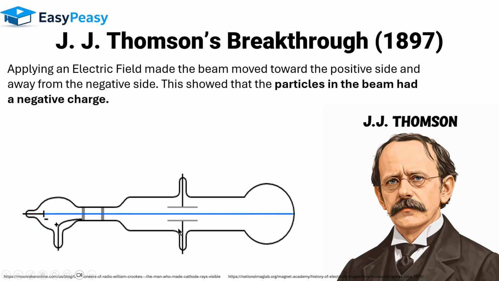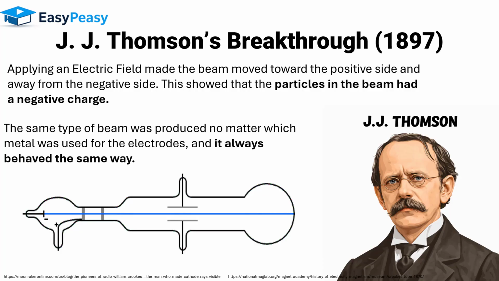Even if they changed the charges on the plates, it still moved towards the positive side and away from the negative side, showing us that this beam of rays is negatively charged. Then he changed the metals, but the same type of beam was produced no matter which metal was used for the electrodes, and it always behaves the same way.